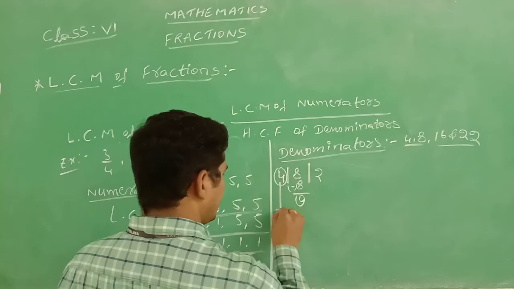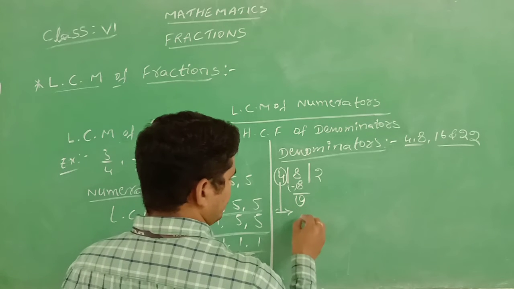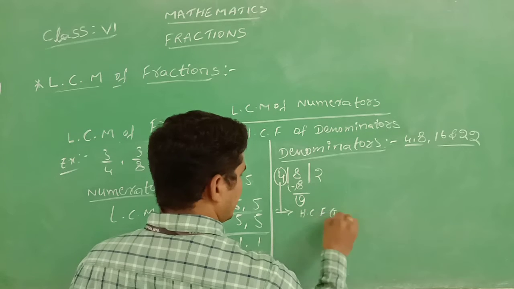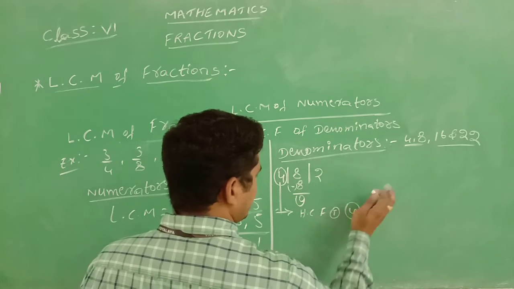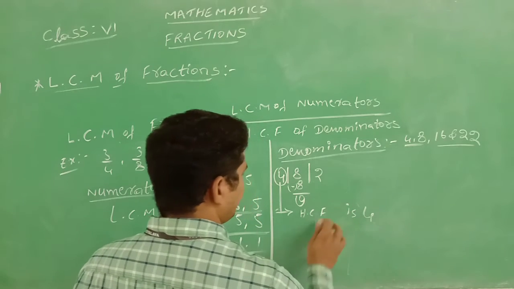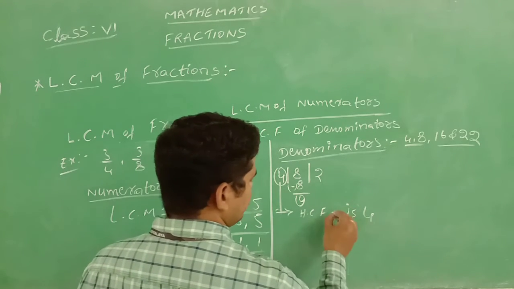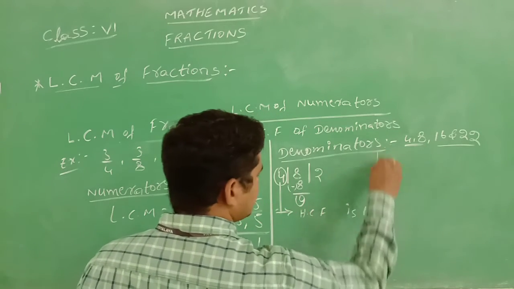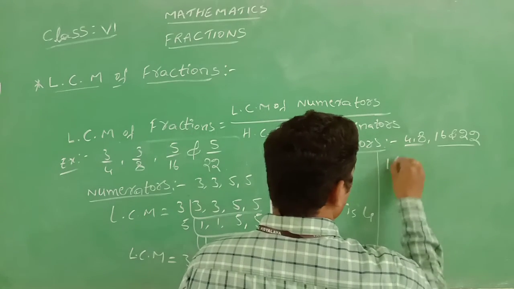So 4 is the HCF. We take this as HCF 1, which is 4. Next we take the HCF of 16 and 22.